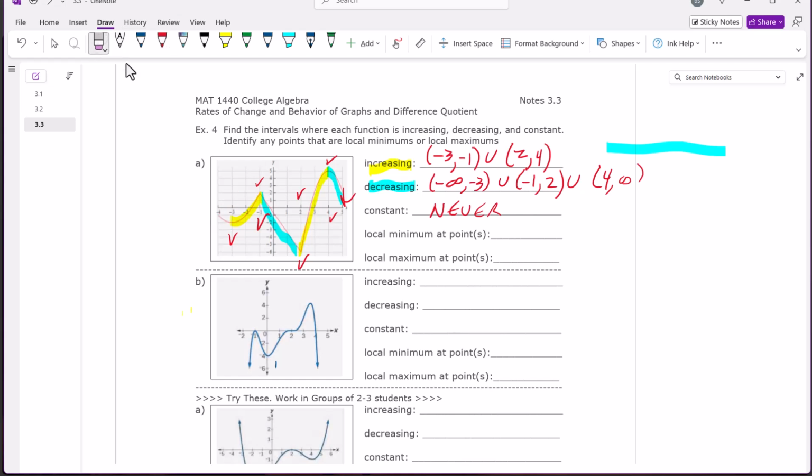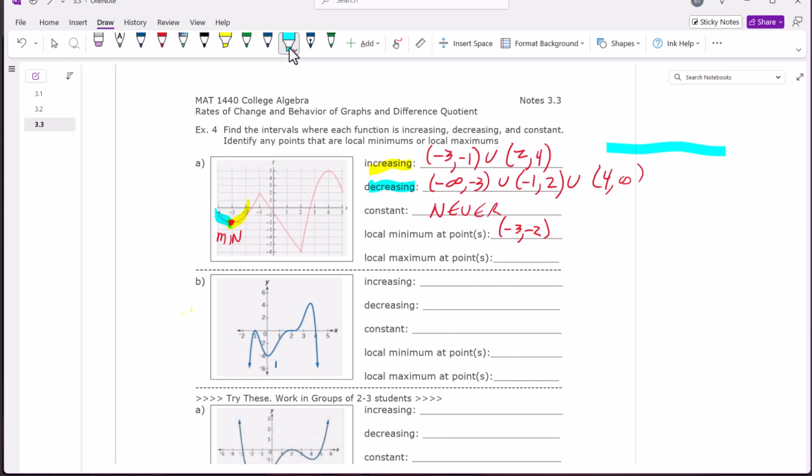Okay, now if we're looking for a local minimum, what we're looking for is a place where the graph decreases, changes directions, and increases. So right there would be a local minimum at that point, -3, -2. So that point is -3, -2.